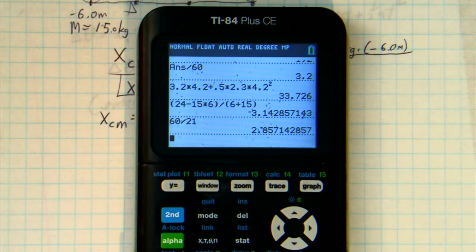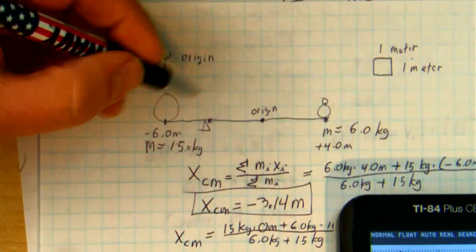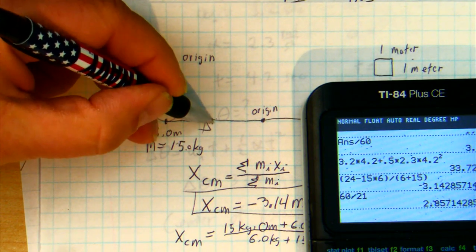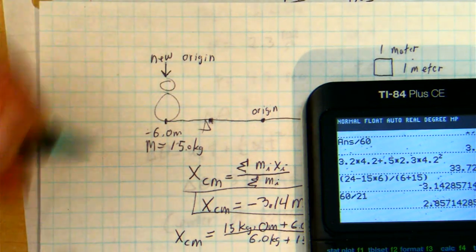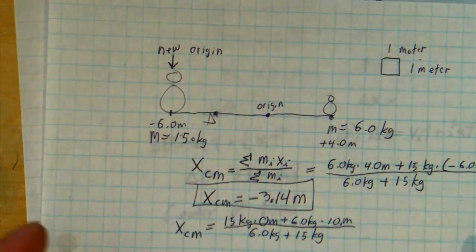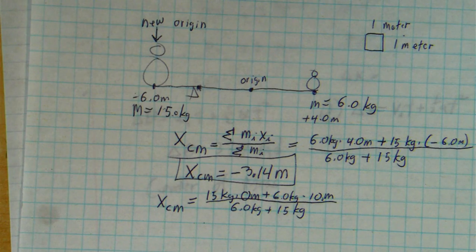Well, yeah, the number looks different because it's measured from a different origin. It says 2.86 meters. And sure enough, if you count from here, 1, 2, 2.86, it's the same spot in the physical world. It's just a different origin for expressing your answer.